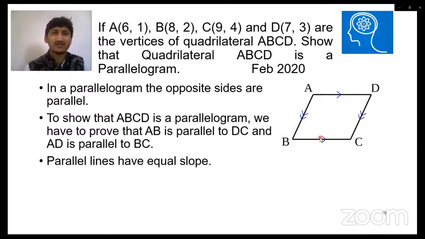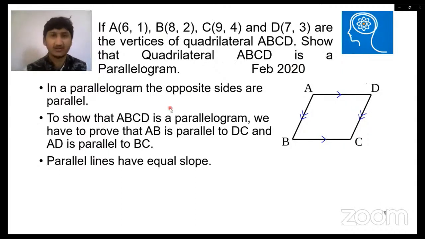So somehow जर आपण हे प्रूफ केलं की AB is parallel to DC and AD is parallel to BC, तर आपण हे इझिली प्रूव्ह करू शकतो की हा क्वाड्रिलॅटरल एक पॅरलेलोग्राम आहे. So how do we do that? We know a property that parallel lines have equal slope. कुठल्याही दोन पॅरलल लाईन्सला स्लोप इक्वल असतो. मग आपण हे प्रॉपर्टीचा कसा यूज करू शकतो?